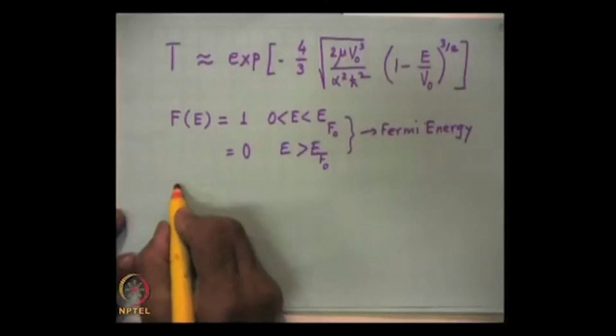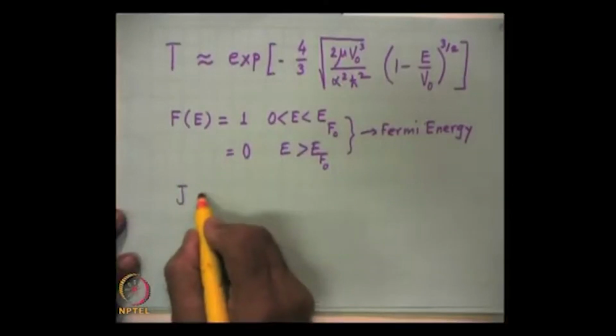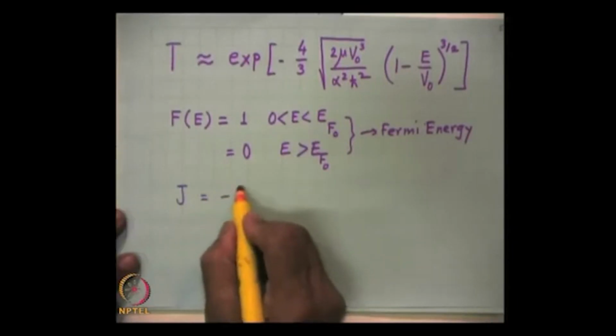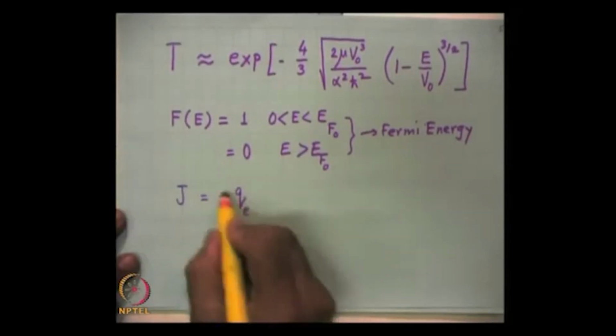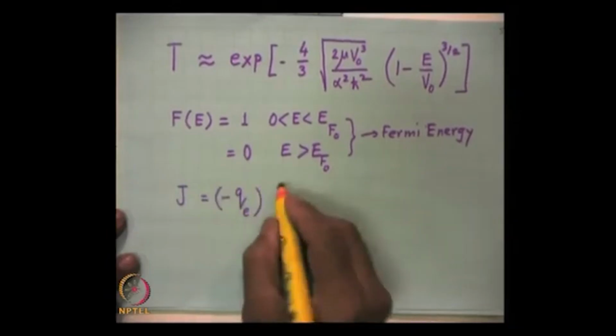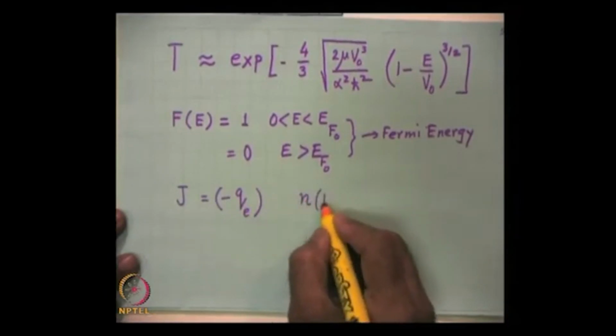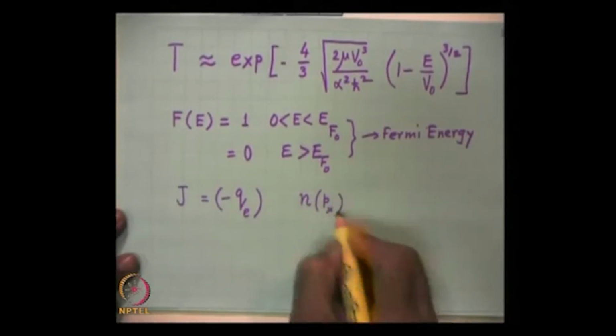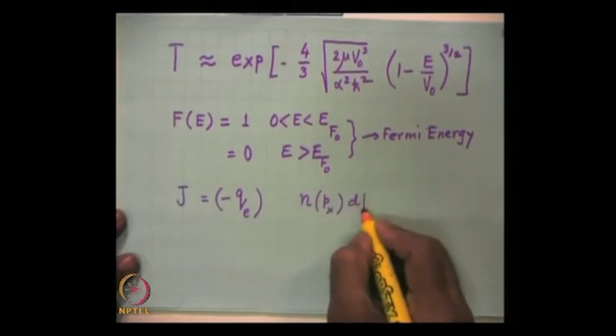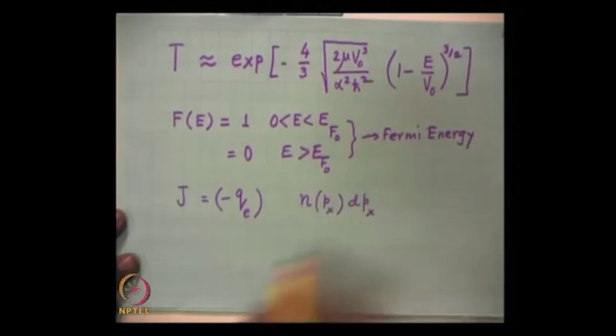The current density will be given by the charge of the electron, let us suppose minus q e, times the number of electrons per unit volume whose x component of the momentum lies between px and px plus dpx.